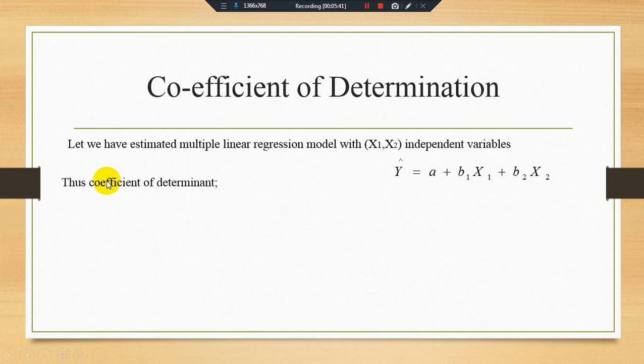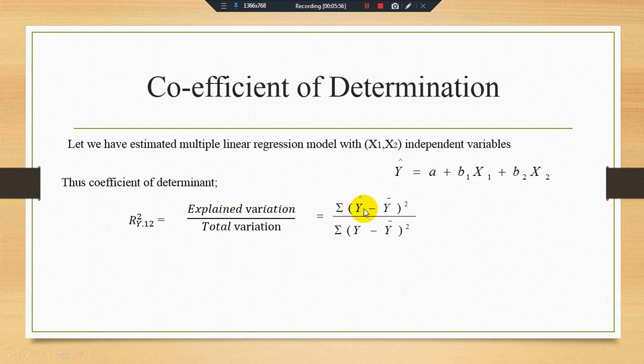The formula is r square y12 equal to explained variation divided by total variation. The explained variation is summation y hat minus y bar square, and the total variation is summation y minus y bar square.